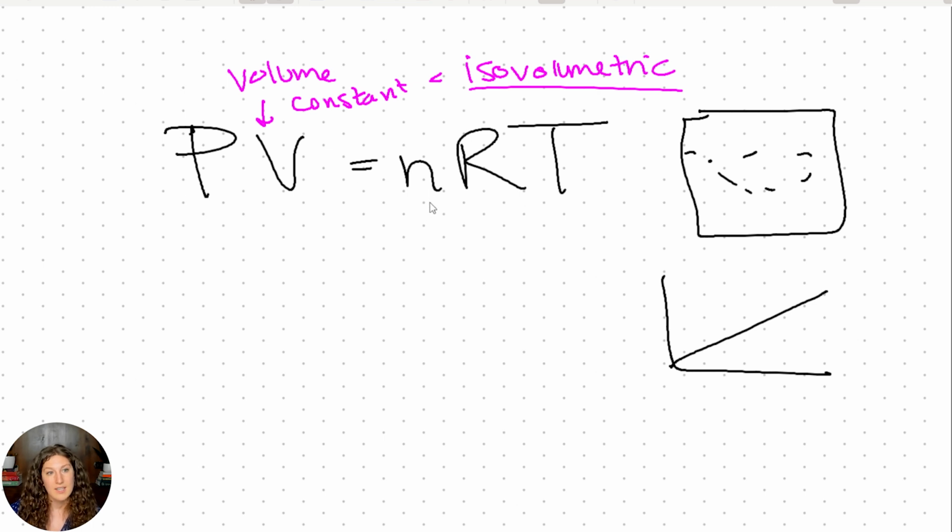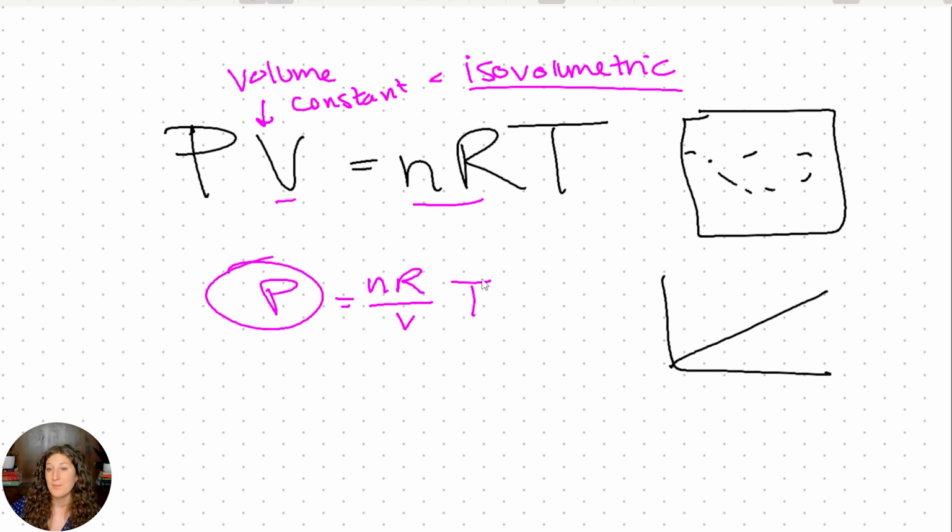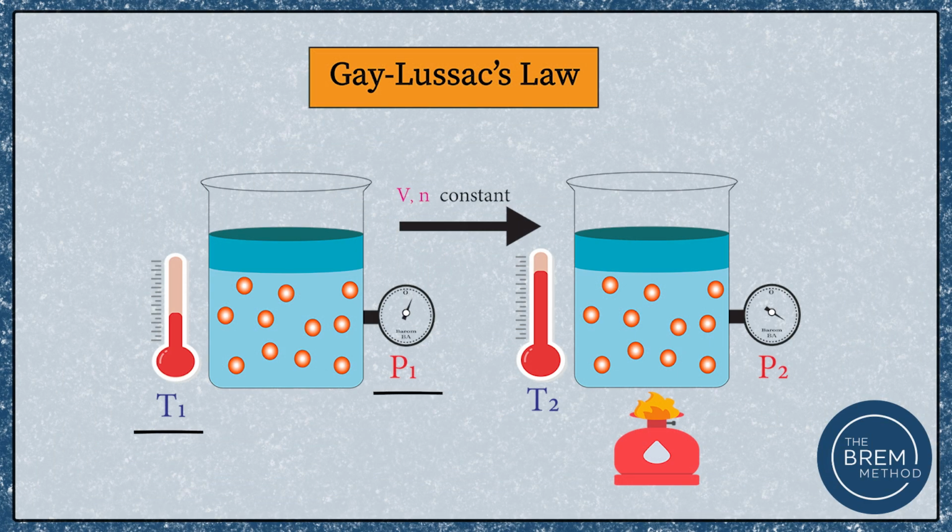Again, these guys are constant, this guy's constant, so it'll be nR over V. But now we have temperature and pressure, again, on opposite sides of the equal sign, right? So just like Charles's law, we'll have pressure here, temperature here, nice linear relationship. So that's going to be our Gay-Lussac's law, in an isovolumetric setting where we have constant gas moles. Our pressure and our temperature will be a direct linear relationship, positive and direct.